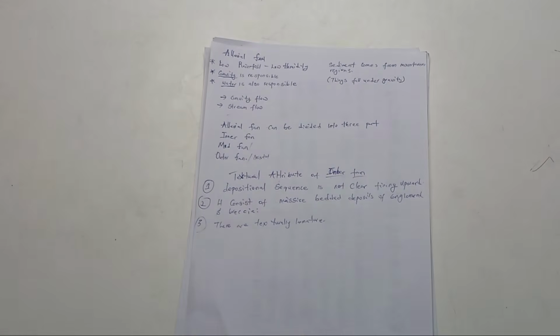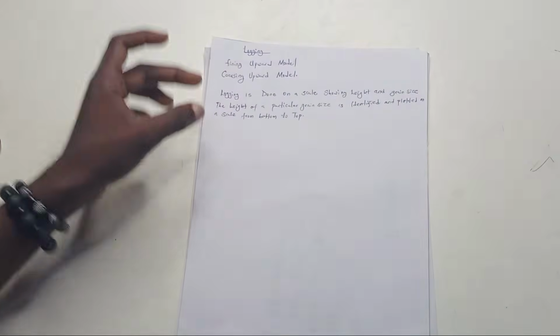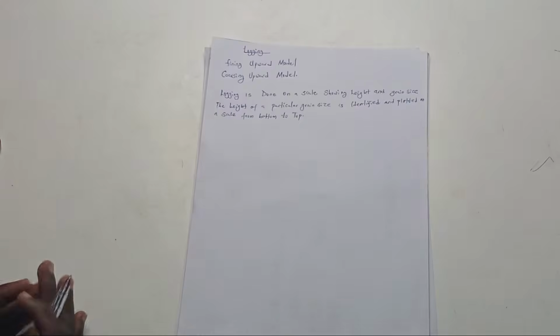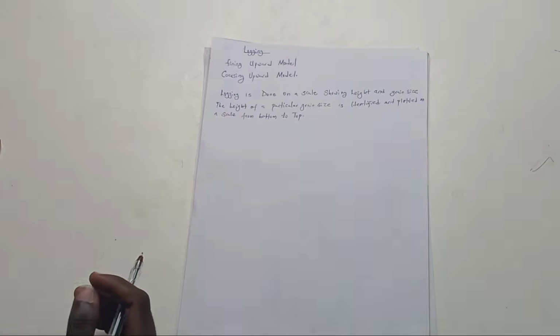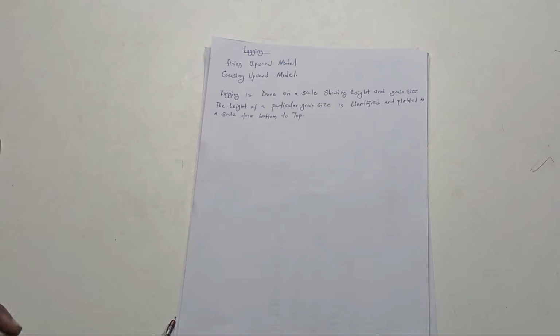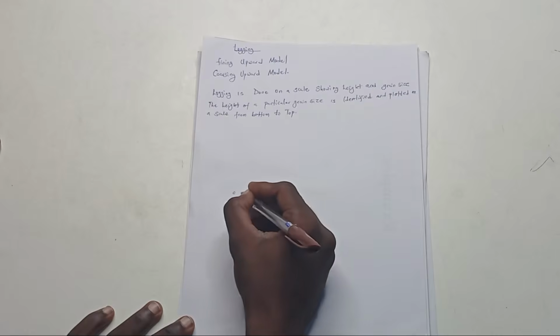Now, I want to just talk about the depositional sequence, which will take us into logging. For a fining upward model and coarsening upward model, what does that mean? Fining upward means it is getting smaller as we are going upward, which means you have bigger grains and then smaller grains.